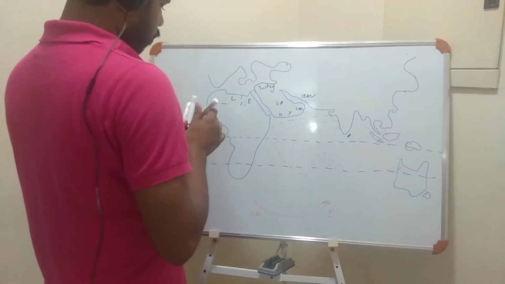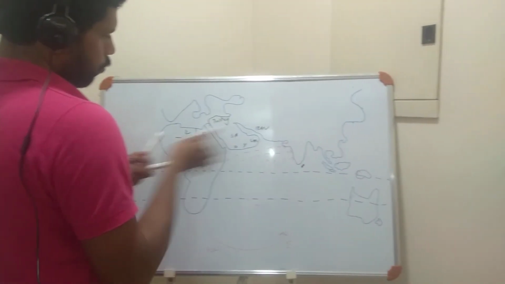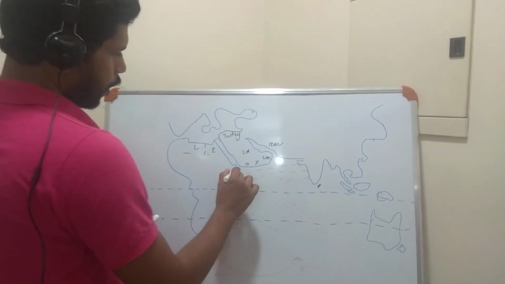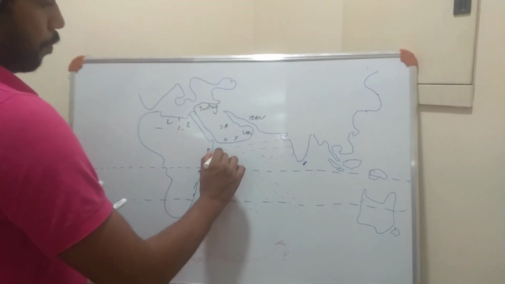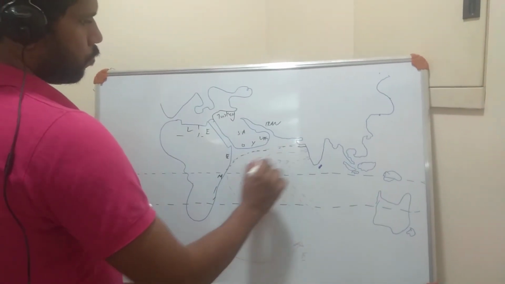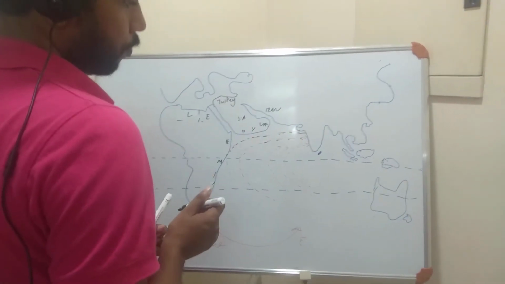Fine. Imagine a boat or a small ship at the Ethiopian region or the Mozambique region or this region of Africa. With the help of the monsoonal winds, it can actually reach this western coastal region of India.